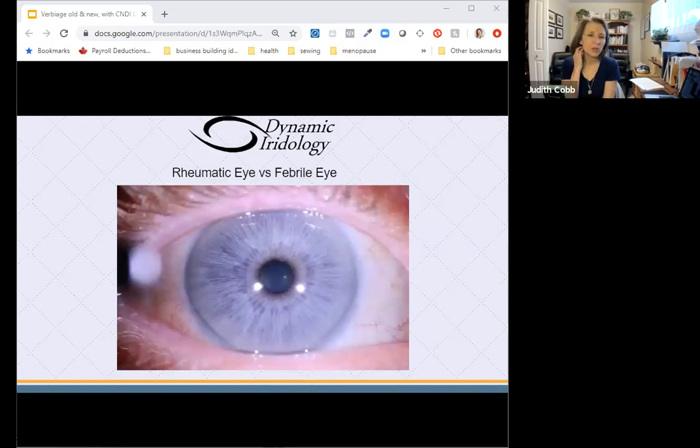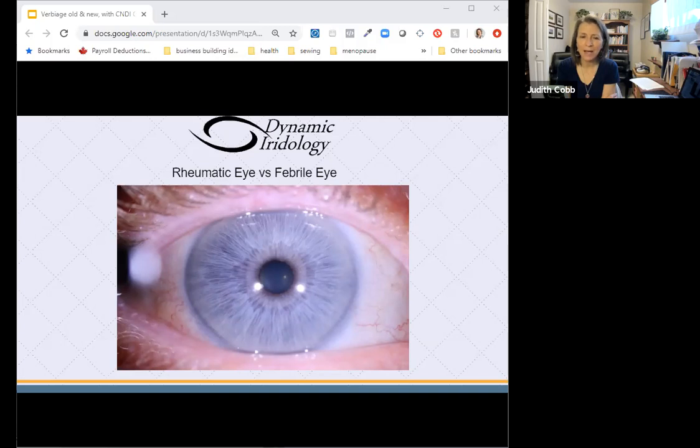This is what used to be called a rheumatic eye. We now call it a febrile eye. Rheumatic, again, what a name. And if we were to call it a rheumatic eye, wouldn't you be thinking that the person is more prone to things like rheumatoid arthritis or rheumatic fever, something with rheum in it? And that's not true in this case.